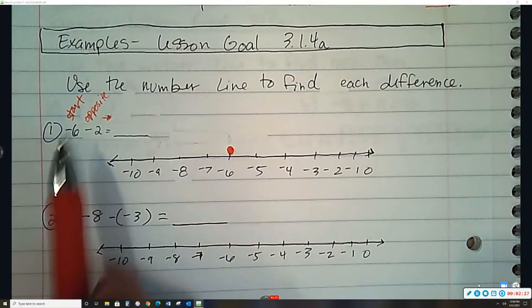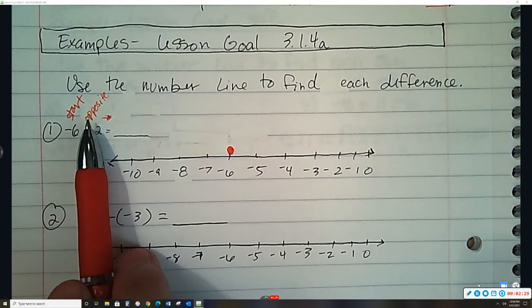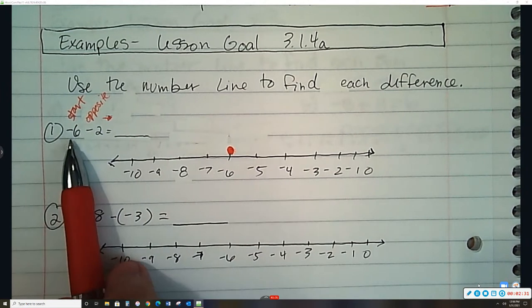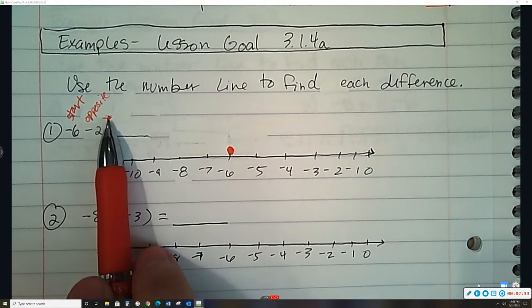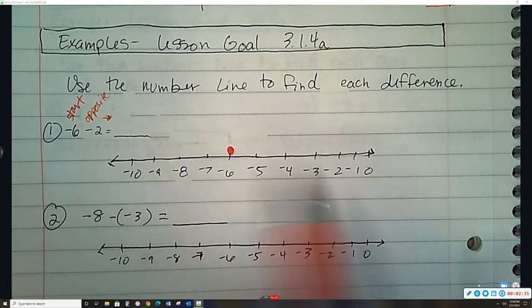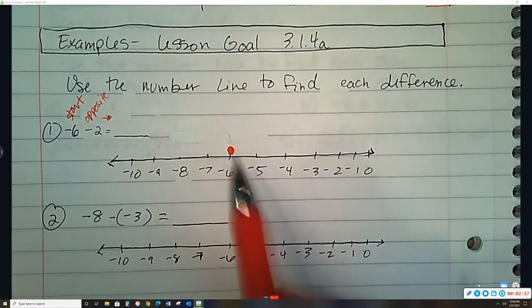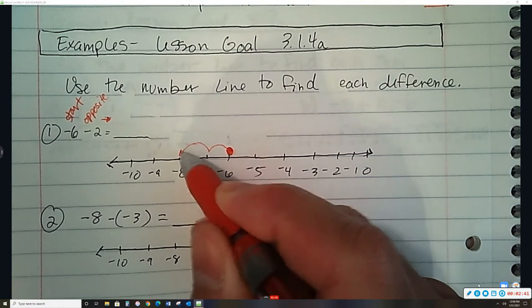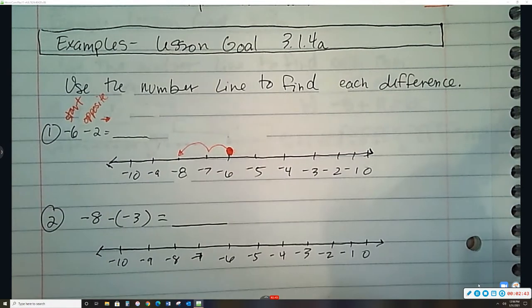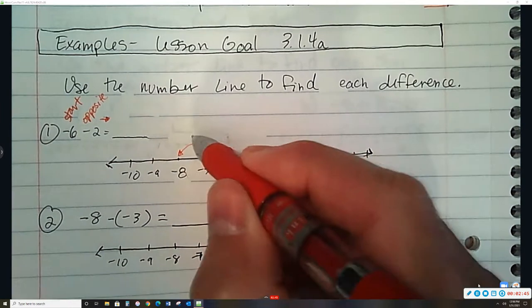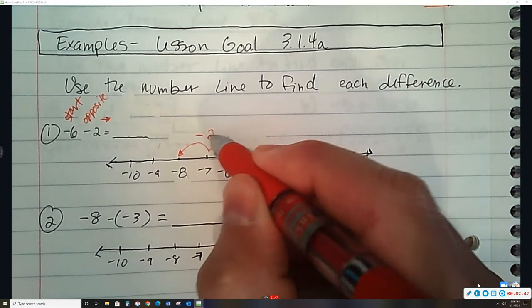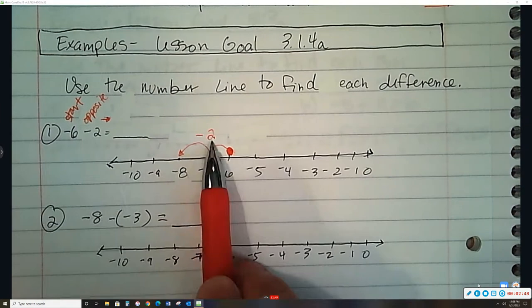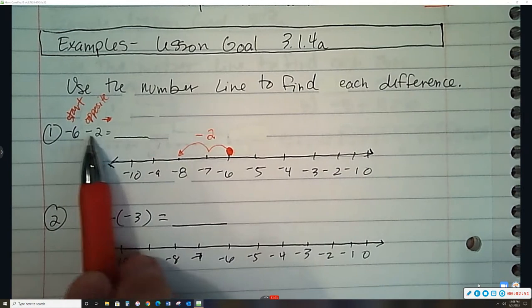Okay, but because of the opposite, I'm going to start at -6, and then I'm going to move the opposite. Well, instead of moving 2 to the right, because of the opposite, I need to move 2 to the left. Okay, that's what this is. -2, because that's what we have here, right?